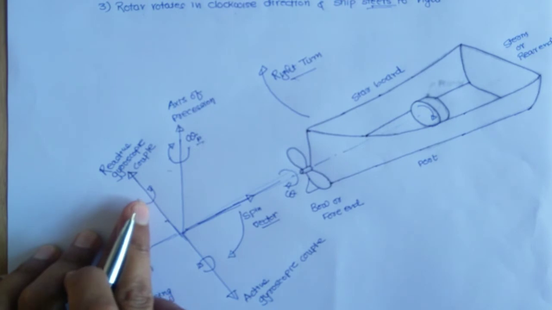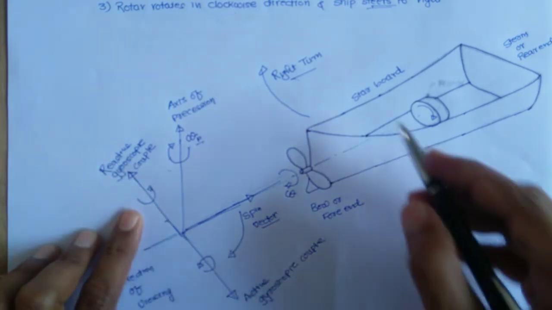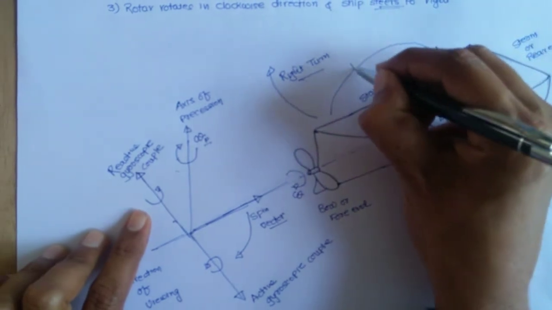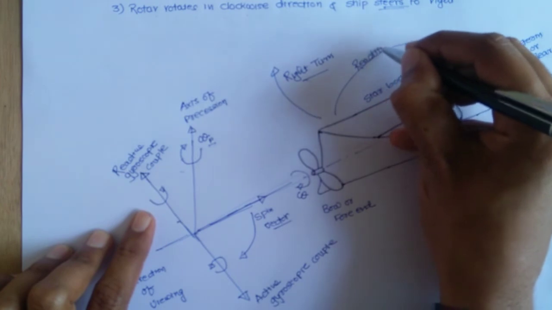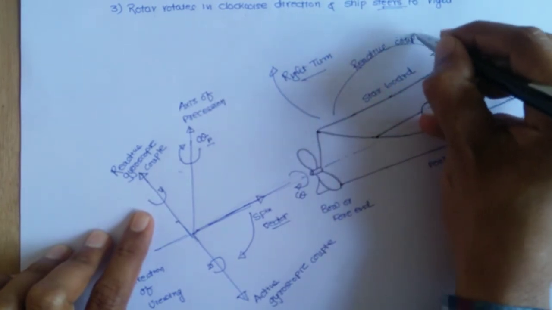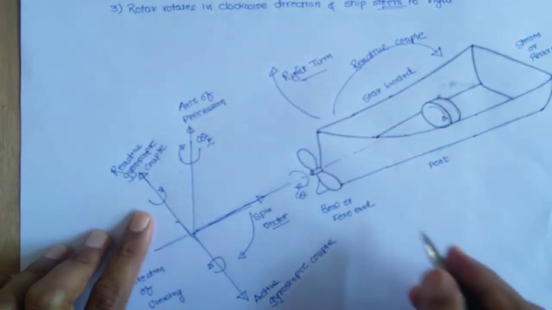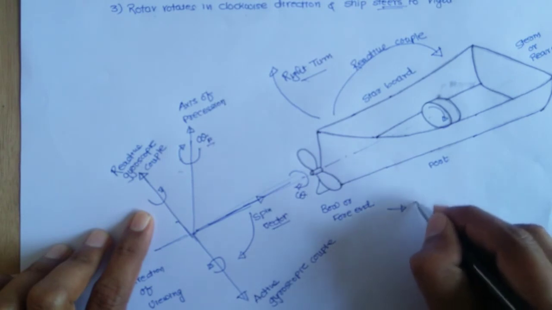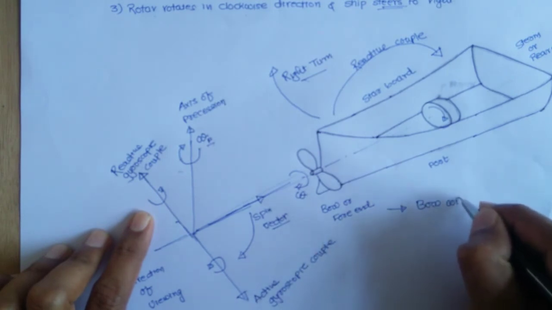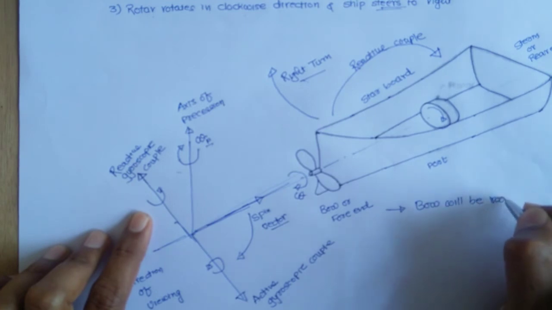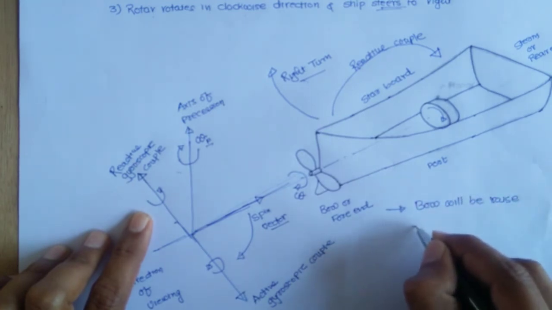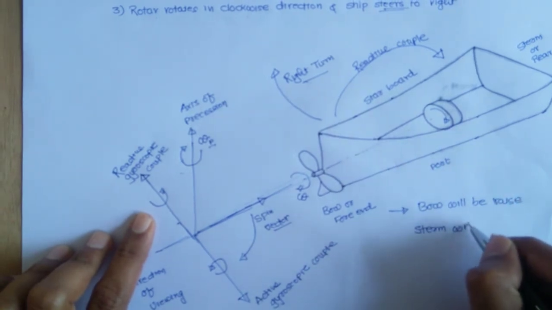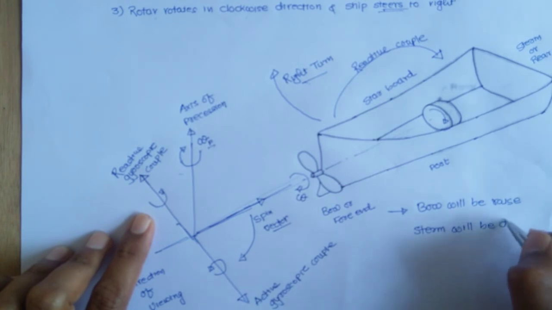Now if we transfer the effect of the reactive gyroscopic couple on the ship, then we can clearly see that this is the effect of the reactive gyroscopic couple, and because of it, the bow end will be raised and the stern, or we can say the rear end, will be deep.